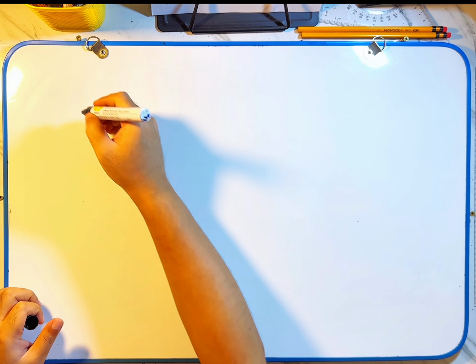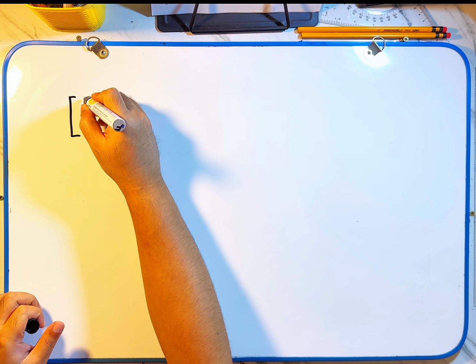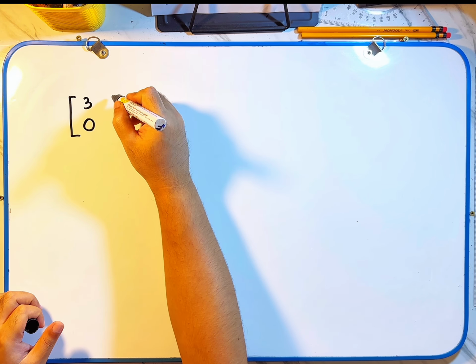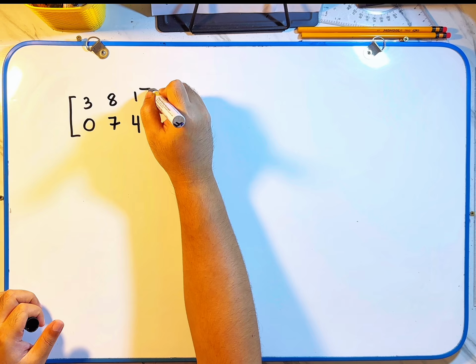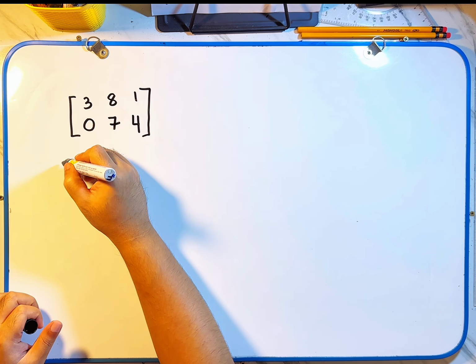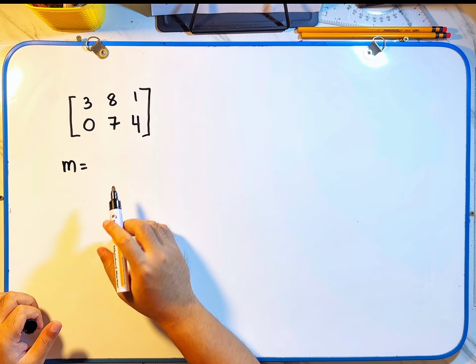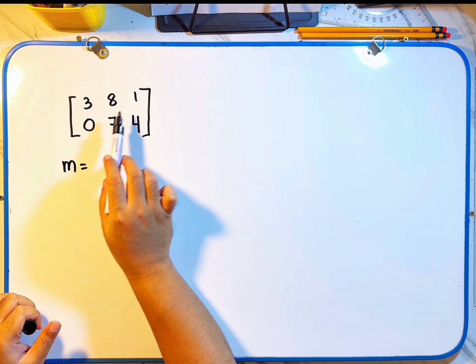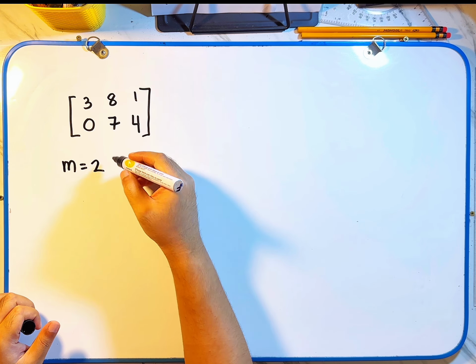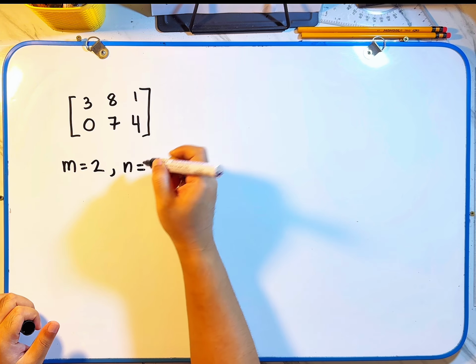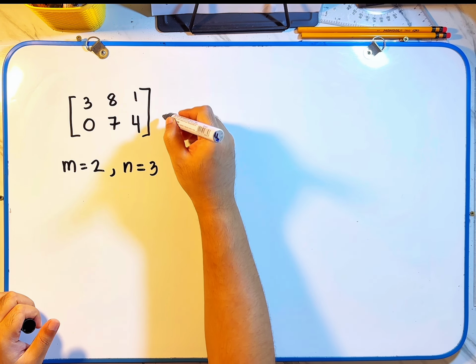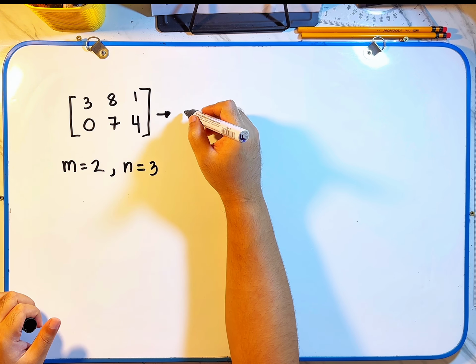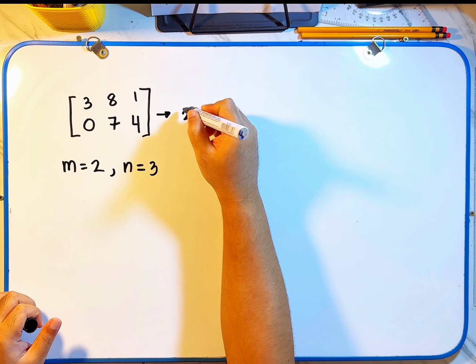Now, how about this matrix? Let's say 3, 0, then 8, 7, 1, 4. What is the order of this matrix? The value of m, or the number of rows, we have 1, 2. How about the number of columns? 1, 2, 3. So 3. Which means this matrix is a 2 by 3 matrix.